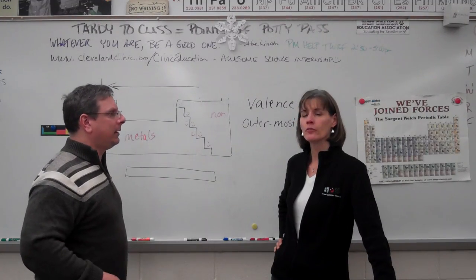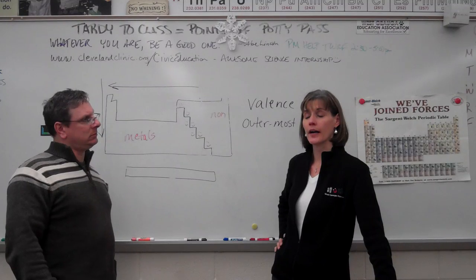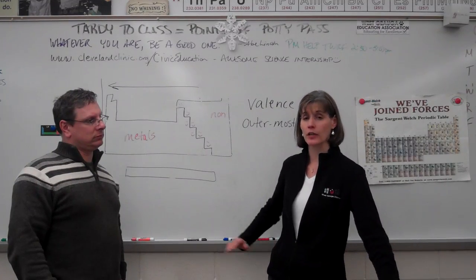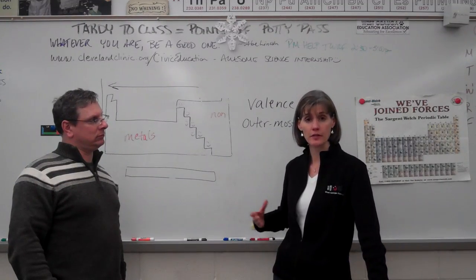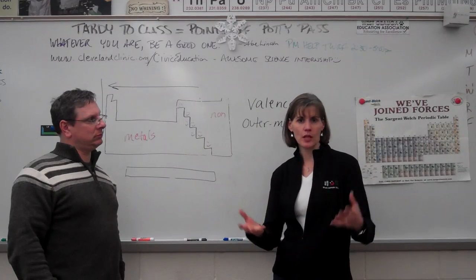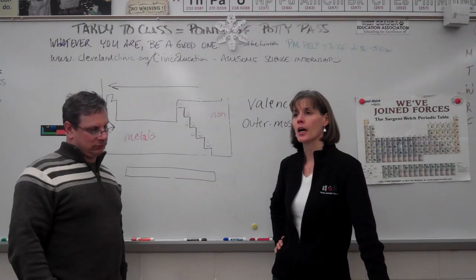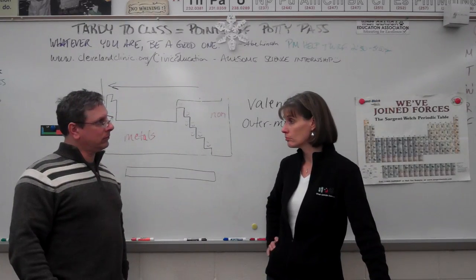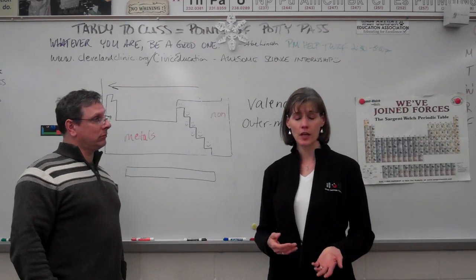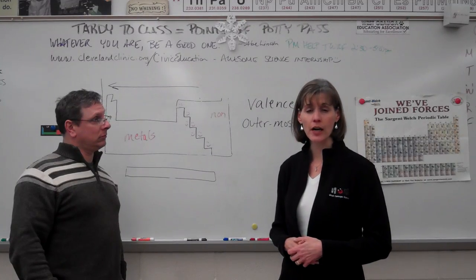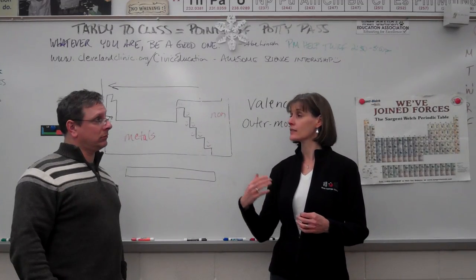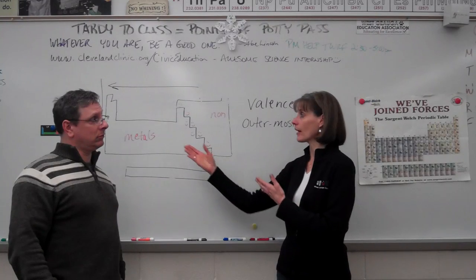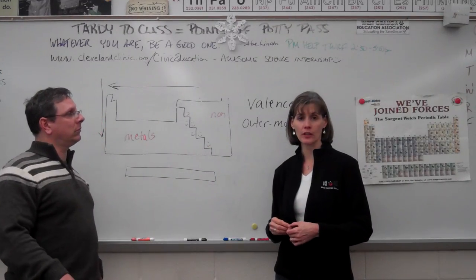Now we've been talking a lot about atoms losing and gaining valence electrons to get to that stable outer shell. But remember, atoms are perfectly fine being neutral, same protons, same number of electrons. So we do have to add some energy to a metal atom to get it to give up its valence electrons.